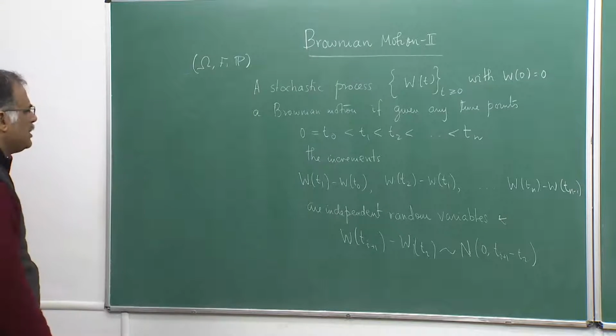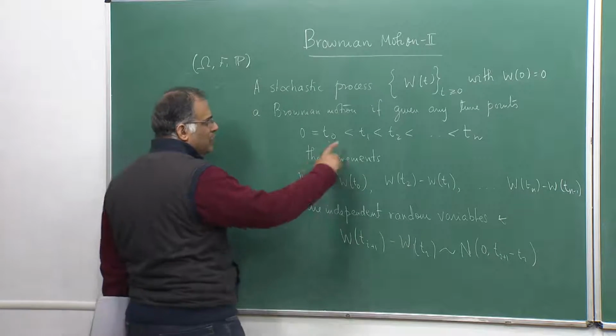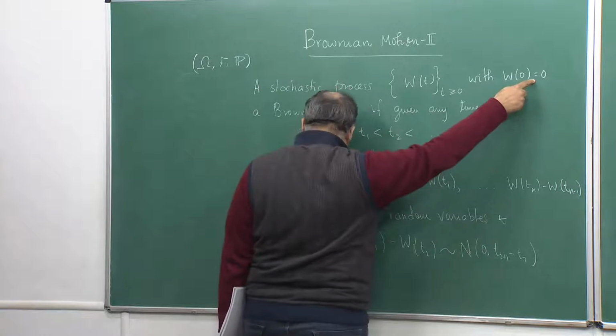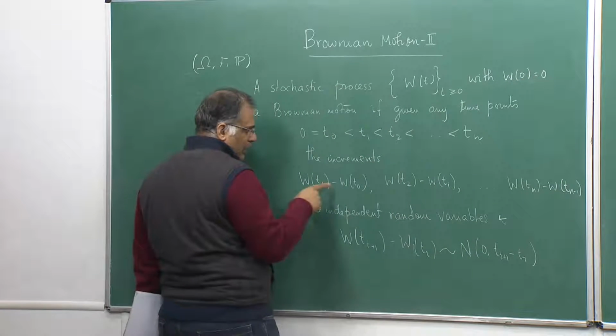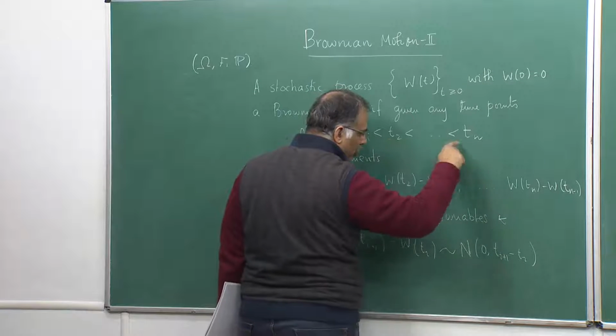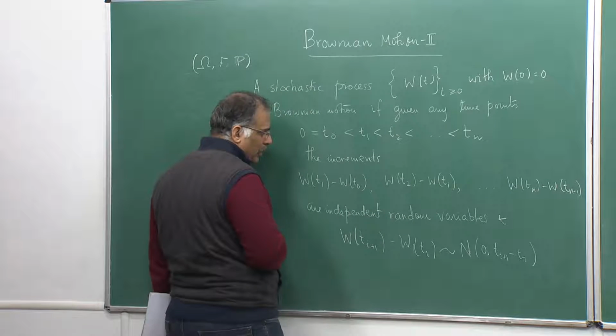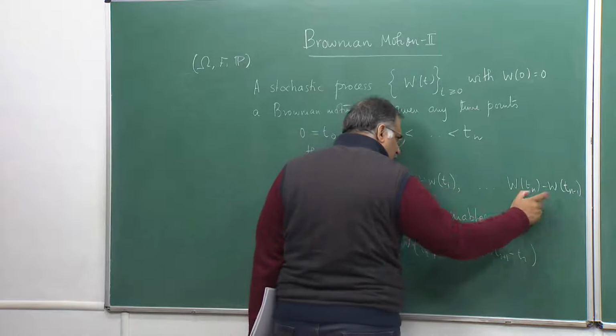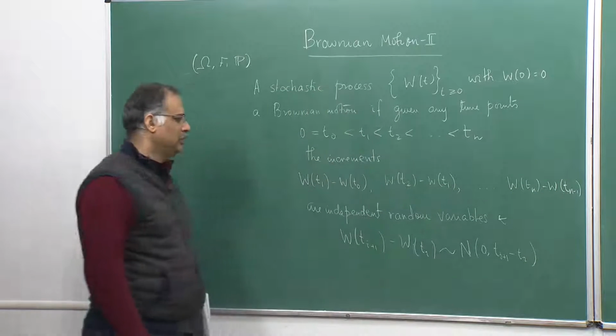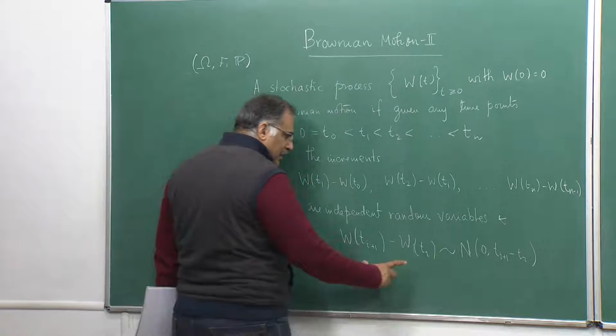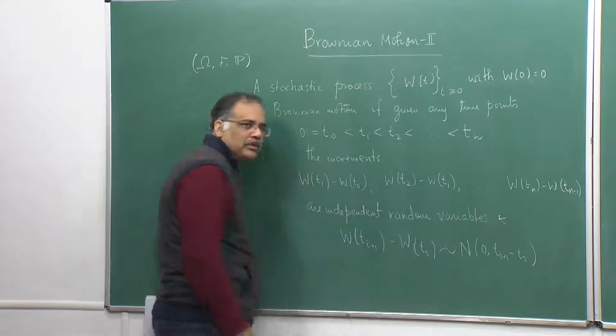So, if these two properties are followed, first that this has to be maintained whatever be the scenario, whatever be your time points, if you take an increasing finite set of time points, then these increments are independent and they themselves follow the normal distribution.